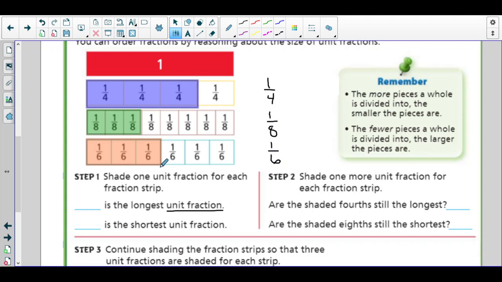All right, and we shaded 1 unit fraction for each fraction strip. So which one is the longest? Okay, well that is the 4th. So 1/4 is the longest unit fraction. 1/8 is the smallest unit fraction.